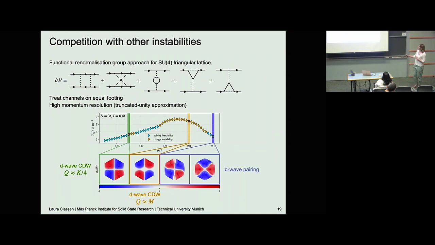Blue means a pairing instability, and orange means a charge density wave instability. And then here on the bottom, I'm showing the data that the FRG gives us for the form factors. So this is really data.